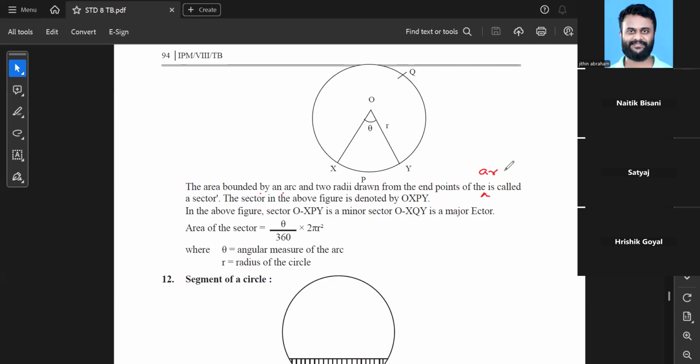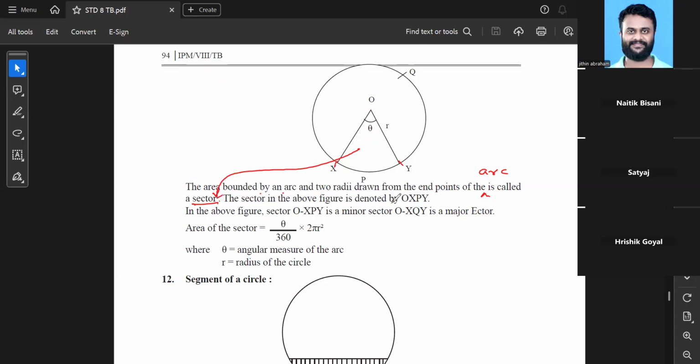Let me assume this is the arc, and from the arc's end points they have drawn radii towards the center of this circle. And this particular piece, where this radii and this arc and this radii are closing, this piece जो पिज्जा का piece जैसे दिखता है, is called a sector.